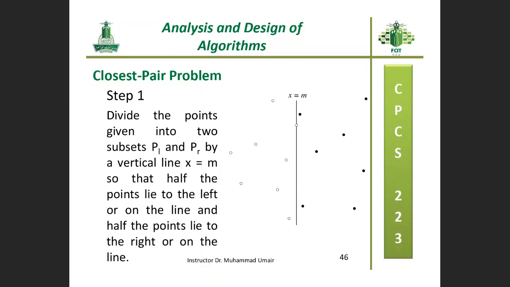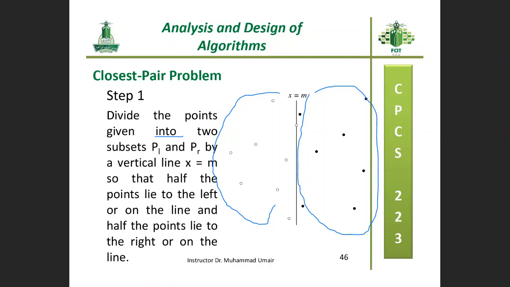Half of the elements will be on the left side, half on the right side, and this division process will continue until you reach 2 points, which are considered the smallest distance.